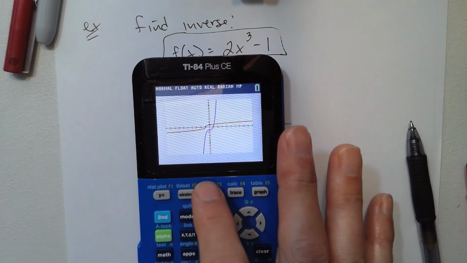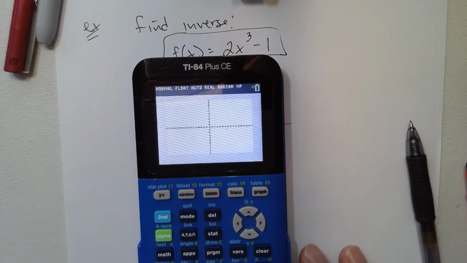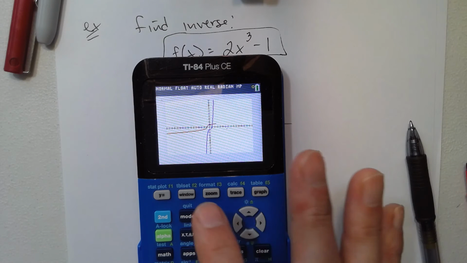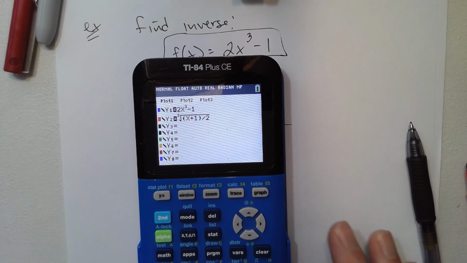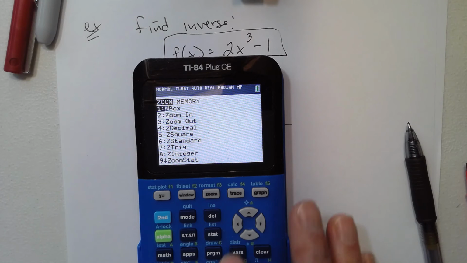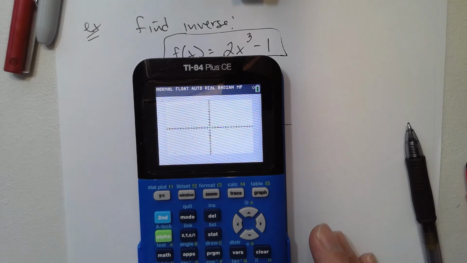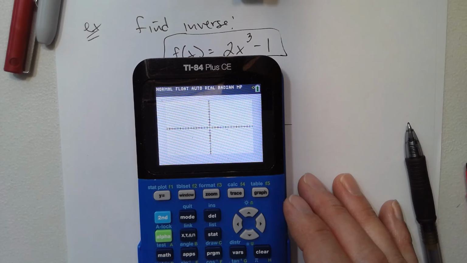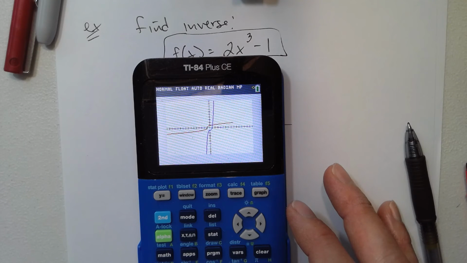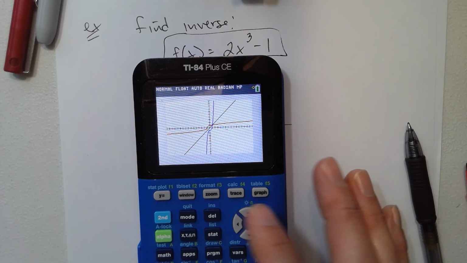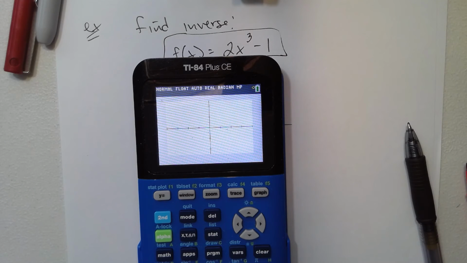I'm going to do a zoom square just so the x and y units are the same. And I'm also going to graph y equals x just to show you that. Alright, too much for the calculator right now. It's confused. So you can see that it is symmetrical with line y equals x. They go right across it.